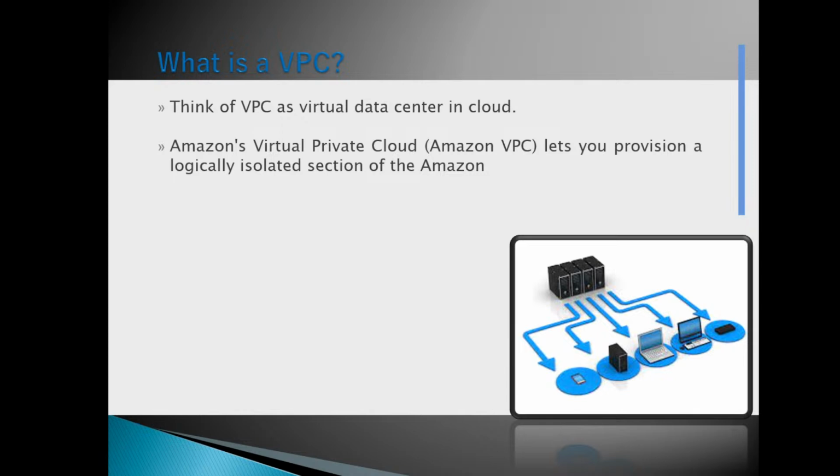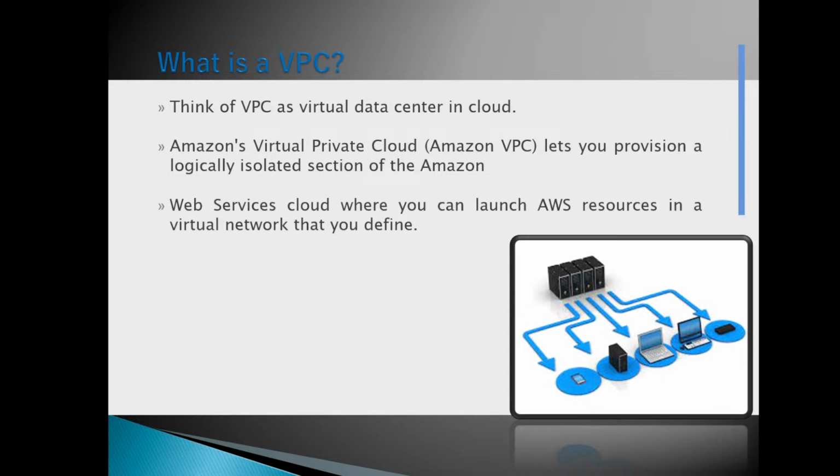Amazon Virtual Private Cloud lets you provision a logically isolated section of the Amazon Web Services Cloud where you can launch AWS resources in a virtual network that you define.